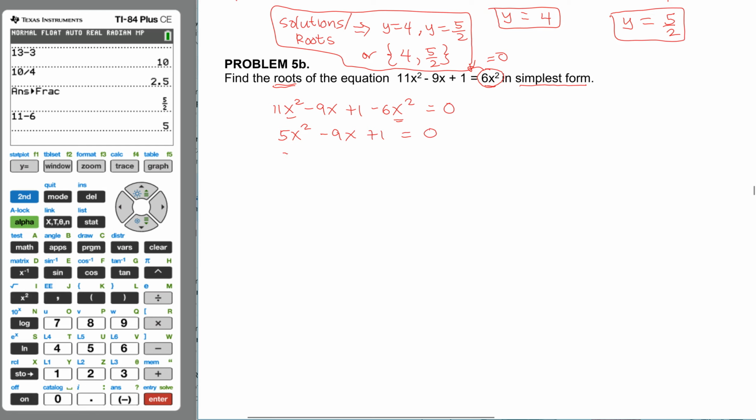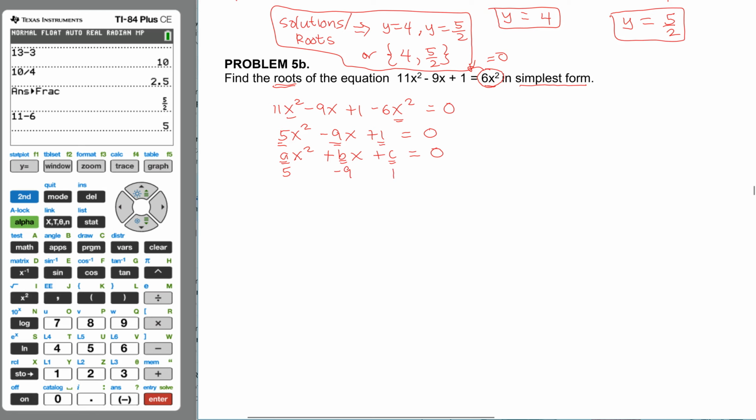And this one now is in the standard form, ax squared plus bx plus c equals 0. Which means your a value is equal to 5, your b value is equal to negative 9, and your c value is equal to 1.